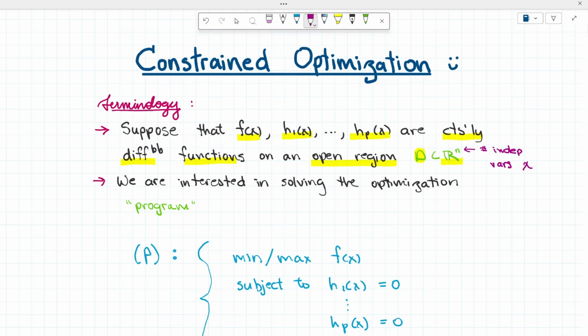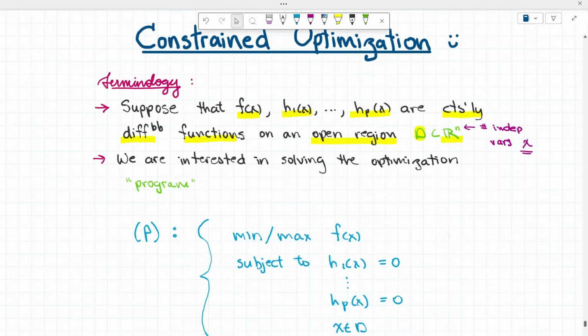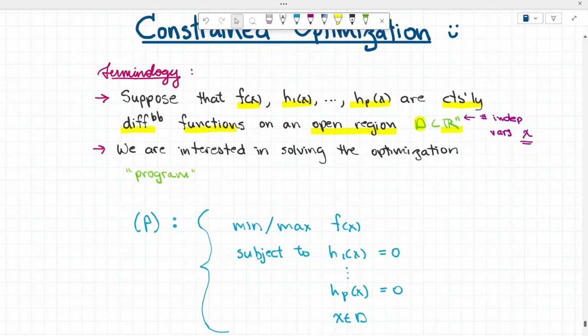If we have one x, then we'd have R1, which is just the real line. If we have x1 and x2, we'd have R2, and so on. So remember that n is the dimensionality, and that corresponds to the number of independent variables x that we have in our problem.